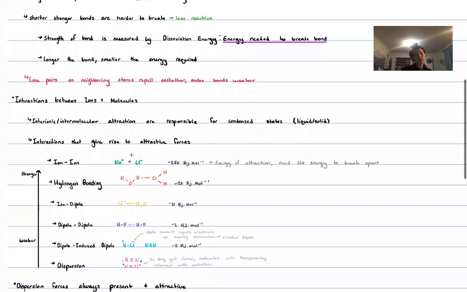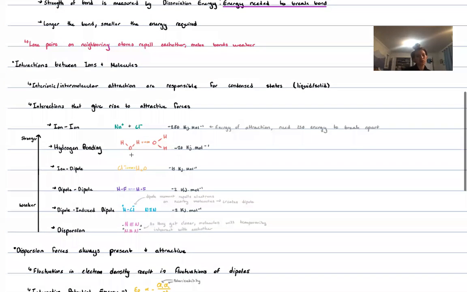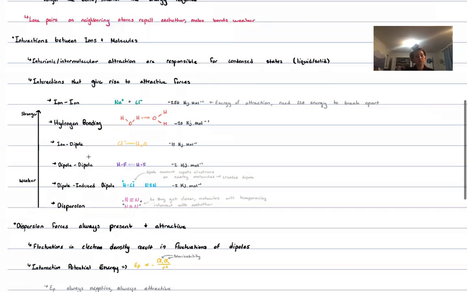So in any interactions between ions and molecules, you have basically intermolecular attraction, which is why we tend to see liquid and solid states where all the atoms and molecules are very, very close together because they're all being attracted to each other. And then we also have a lot of these interactions that are actual types of bonds that are these attractive forces.